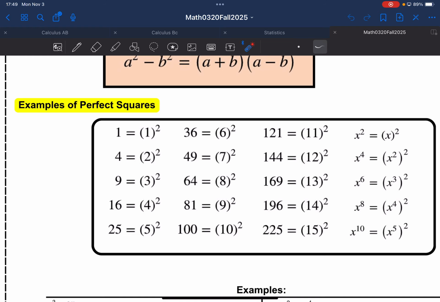So not only does this have the numerical values, but also the x values. So x squared is an example of a perfect square because this is the same as saying x times x. Same with, for example, x to the 8th. X to the 8th is a perfect square because that's the same as saying x to the 4th times x to the 4th, or x to the 4th squared.